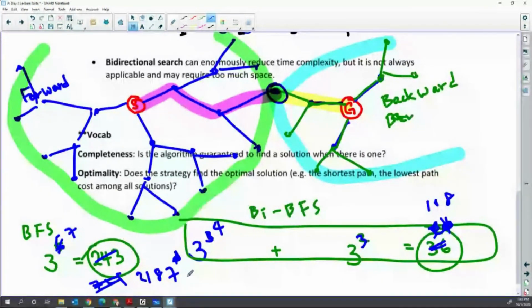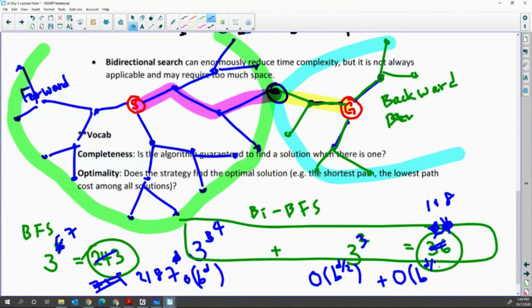So we can make the rule. A regular one was B to the depth, but bi-directional BFS is B to the half of the depth plus B to the half of the depth. What this means is actually 2 times B to the half of the depth.